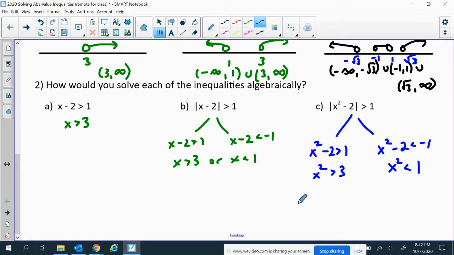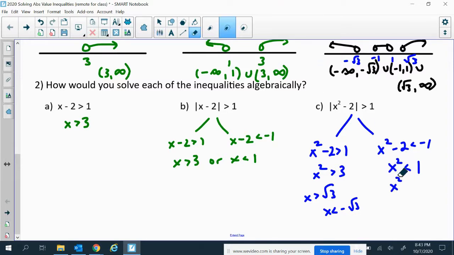When I take the square root of both sides, x is greater than root 3, and x is less than negative root 3. And then here I get x is less than 1, and x is greater than negative 1.